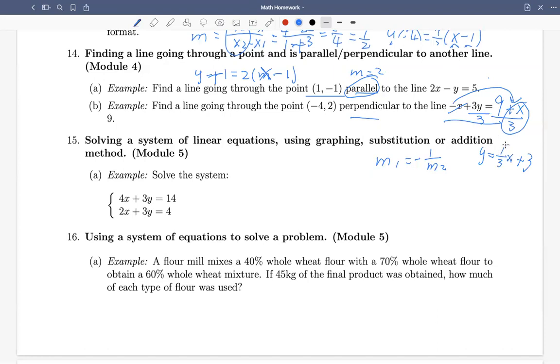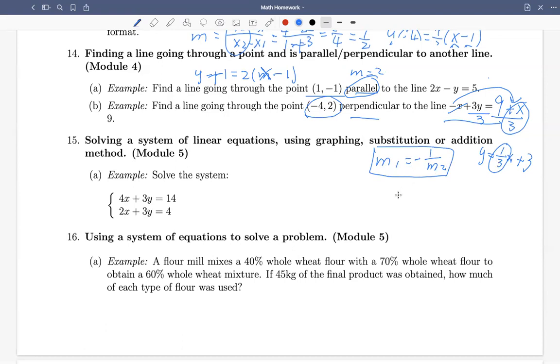So all I need is this slope, right? Now I'm using this relation because it's perpendicular. Perpendicular lines have such a relation, right? The equation goes through this point and is perpendicular to this line, which has slope of 1/3.